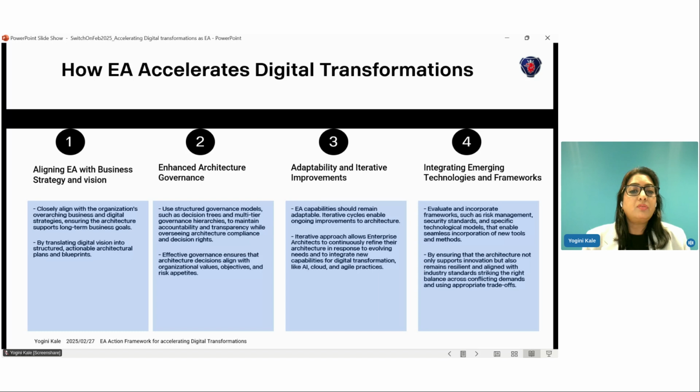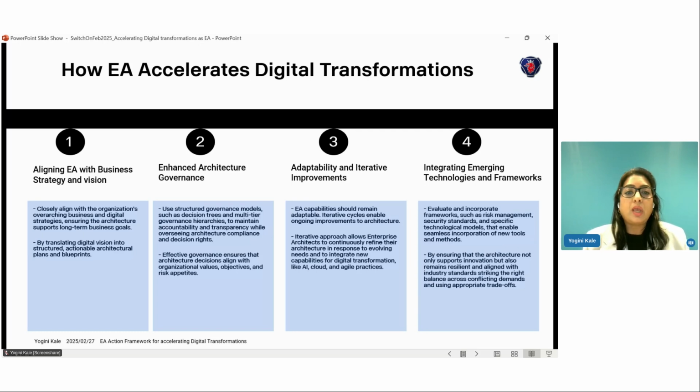Because when you have effective governance, it makes sure that the architecture decisions or the transition roadmaps that you follow are aligned with organizational values, risk appetites, and also brings in transparency, while we consider the architecture aspect from the compliance point of view, which is very important in today's world.